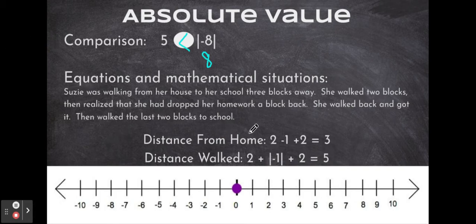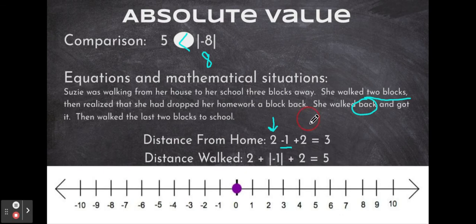If we're looking at distance from home, she starts off by going 2 blocks. That's where this comes in. So she's going 2 blocks, but then she has to walk back 1 block. So that's where our -1 comes in, because she's going back, and then she walks the last 2 blocks to school.